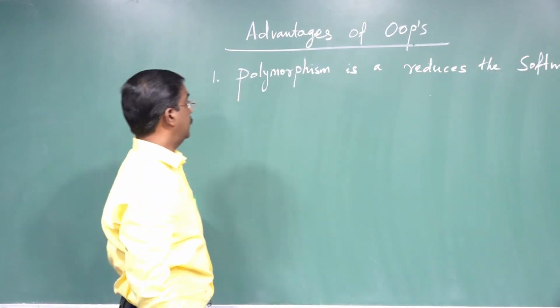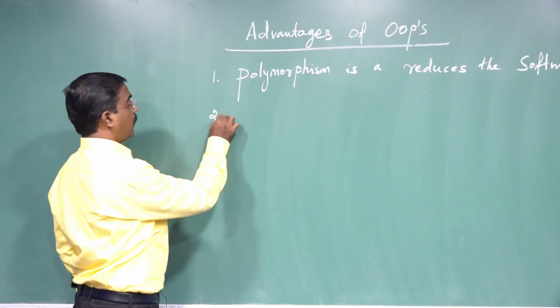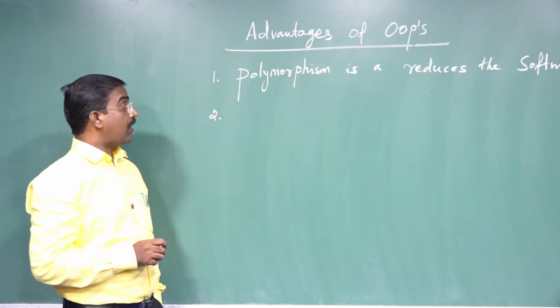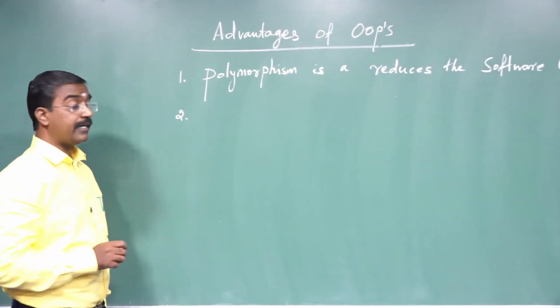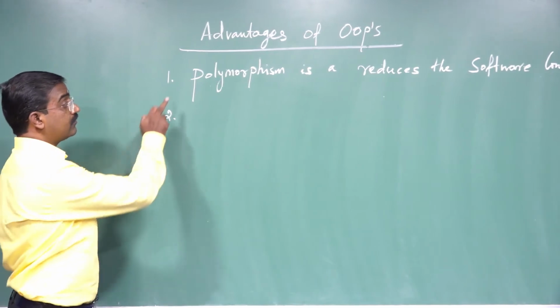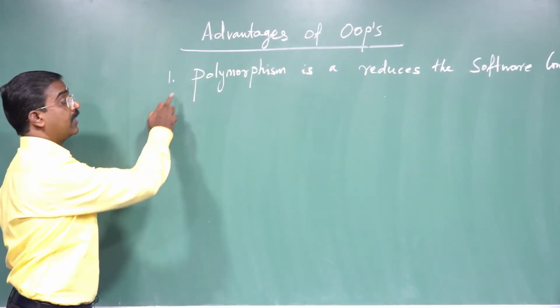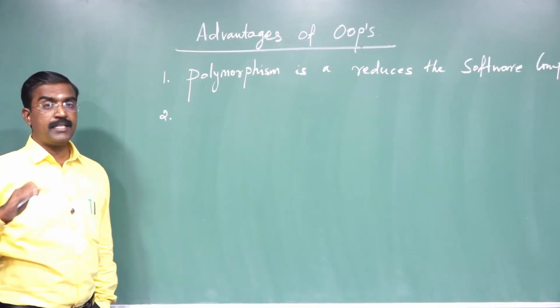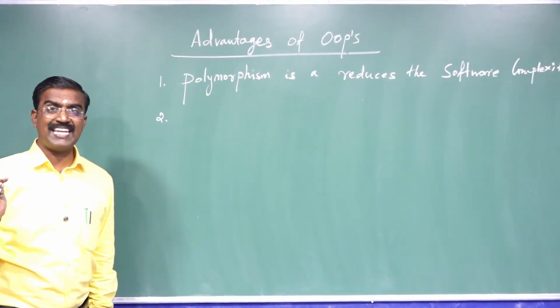Number two, data hiding and data abstraction are also there, but this is a very important point. Polymorphism reduces the software complexity, and then another beautiful concept is inheritance.